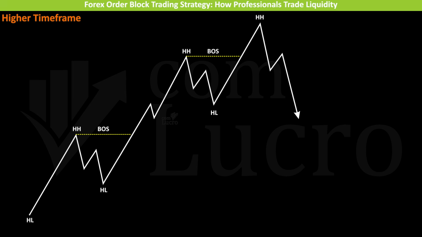Now let's return to analyzing the market structure, which is the foundation of this plan. The very first step is to identify the market direction. Trading in alignment with the main trend almost always gives you a higher probability of success. To determine that direction, look for clear breaks of structure, changes of character, and recognizable reversal patterns on your chart.